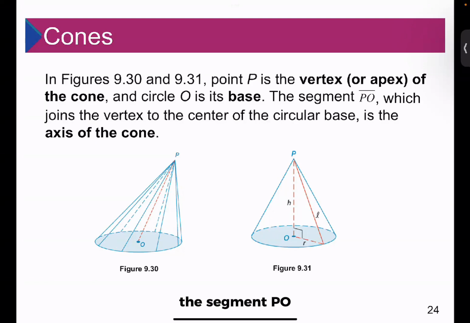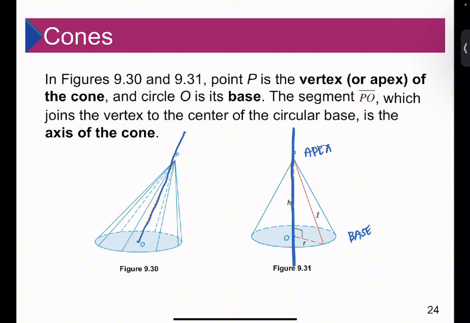The segment PO, which joins the vertex to the center of the circular base, is the axis of the cone. So this would serve as the axis of the cone, and this would be the base, while this would be the apex or the vertex of the cone.